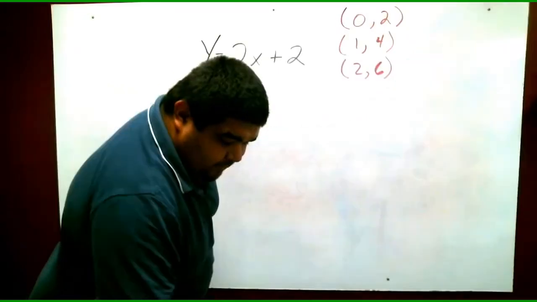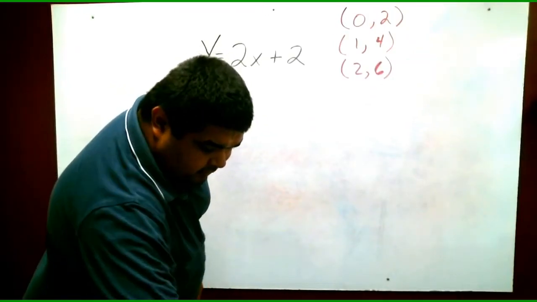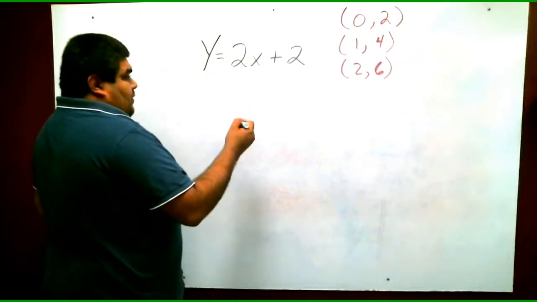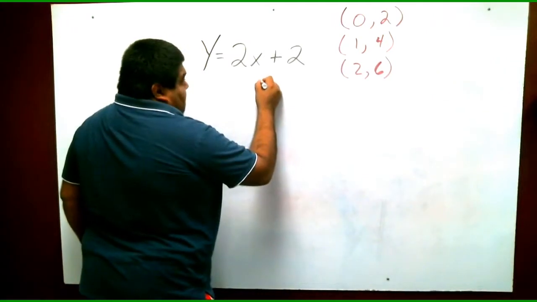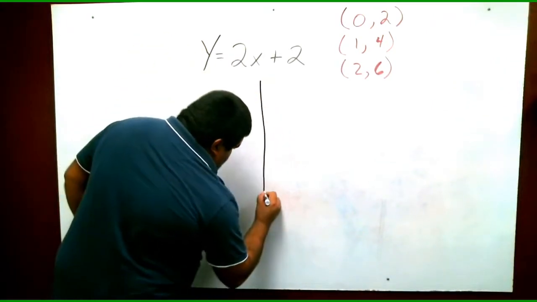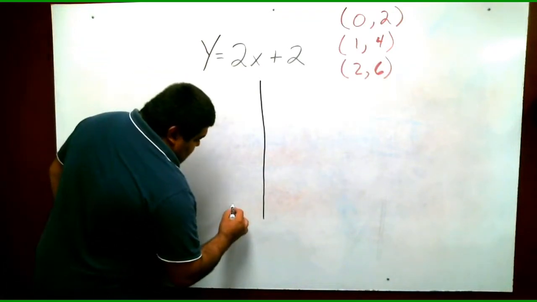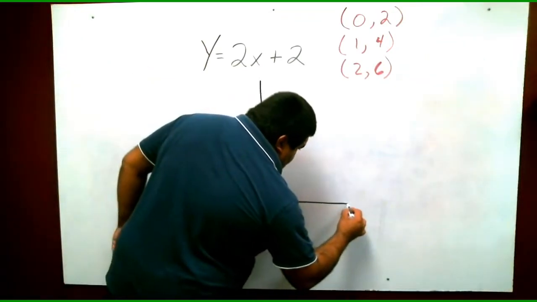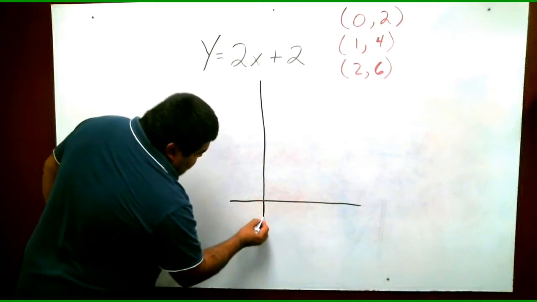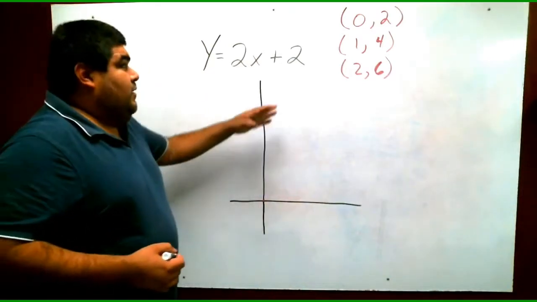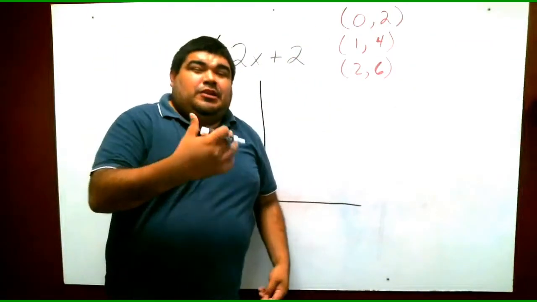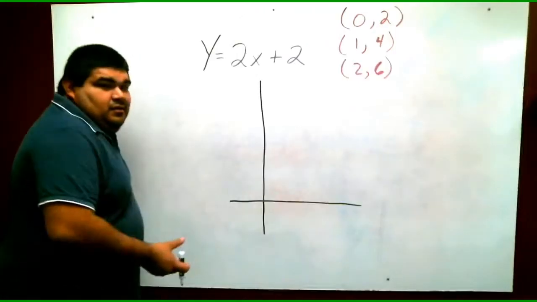All right, so let's do our little graph here. So we have our graph. I'm going to start my numbers way down here with positive numbers. The reason why I'm not going to make too many negatives is because notice that all of these are positive. So I really don't need too much of a negative side.